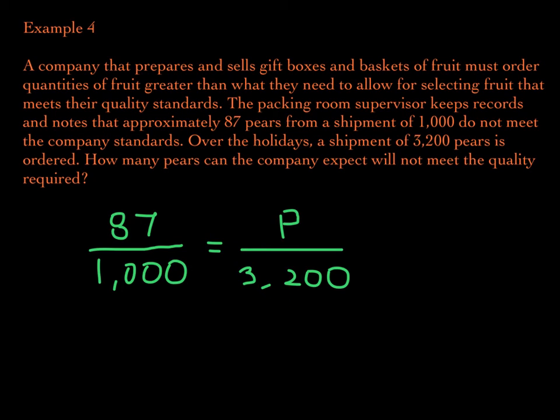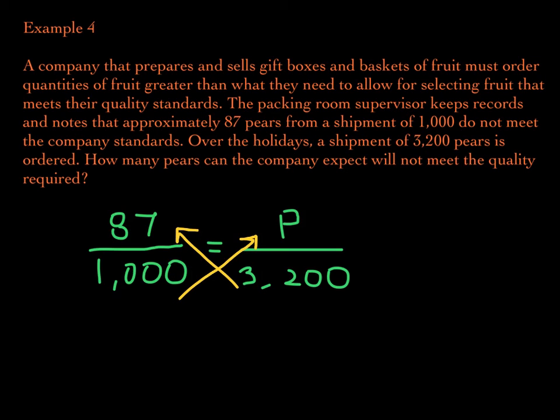It's so important that the numerators match, in that both of these values represent how many pears are not meeting the standard. And these two values must match in that these are the total number of pears that are being ordered. Okay? All right, let's cross multiply because a proportion is true if and only if their cross products are equal.